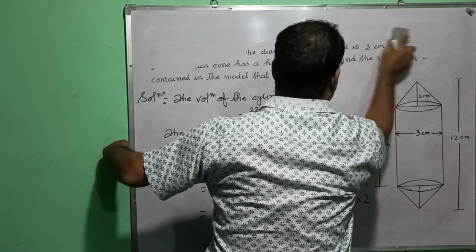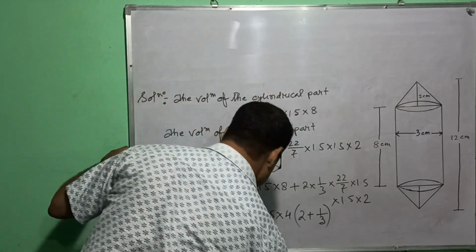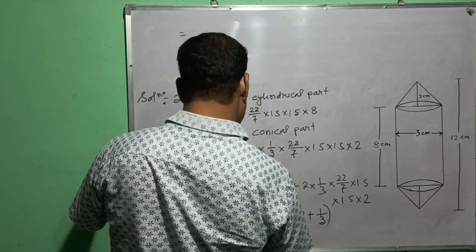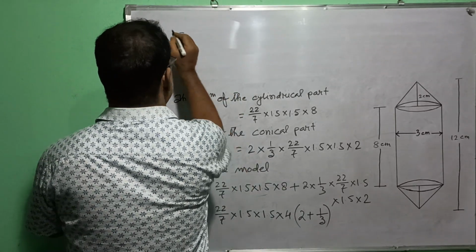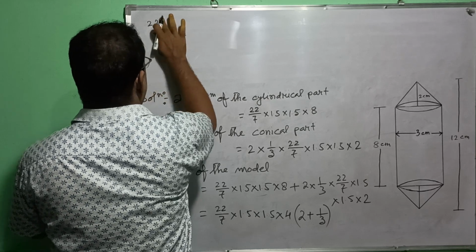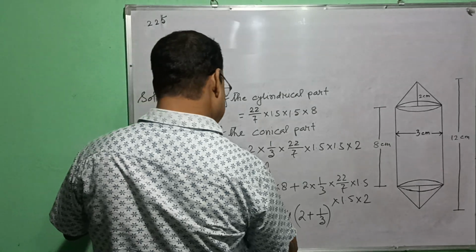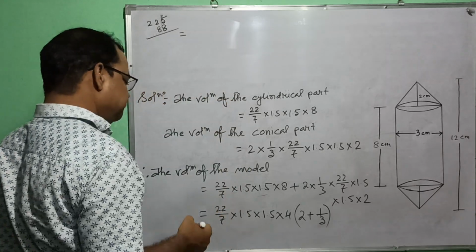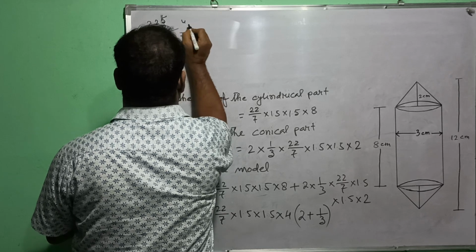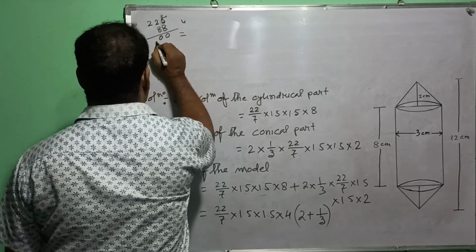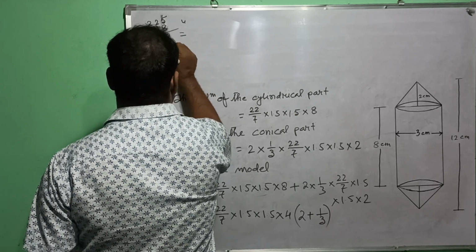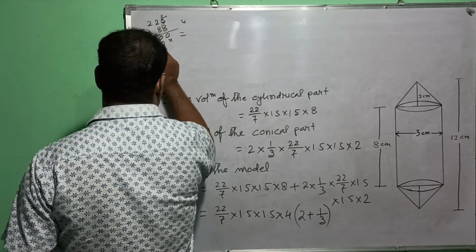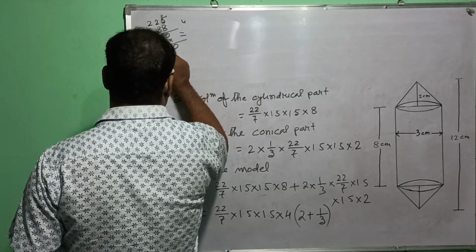Now let me calculate here. Equal 22 by 7, let us multiply it, so 15 into 15 is 225, so it is 2.25, and here 4 into 22 equal to 88, so we'll write 88. So it is 0.00891.